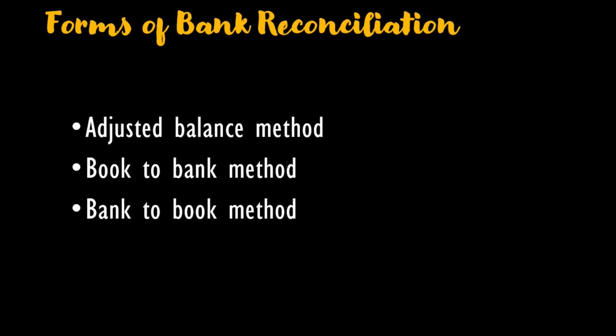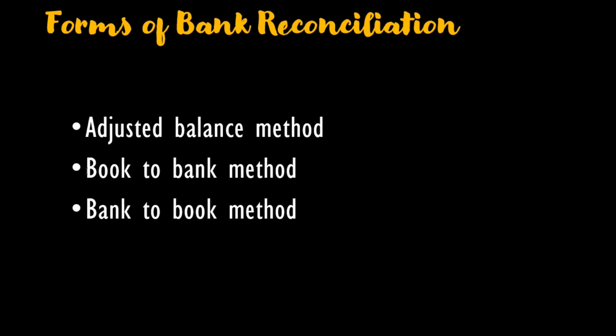Now, ito naman book-to-bank method. Ang outcome nito class ay yung balance per bank statement. Kasi in this particular form of bank reconciliation, what we're going to do is yung book balance natin or yung cash balance per book natin, dapat ma-reconcile natin sa ating bank or sa ating cash balance per bank.